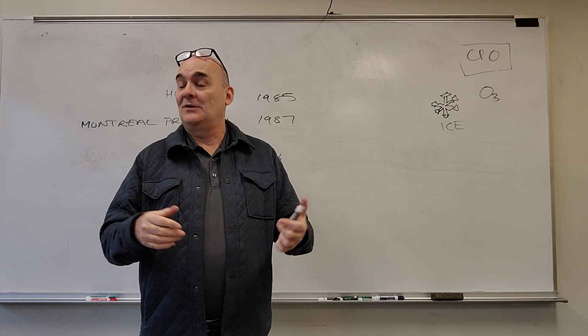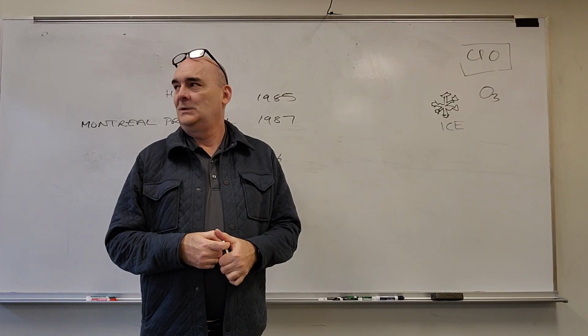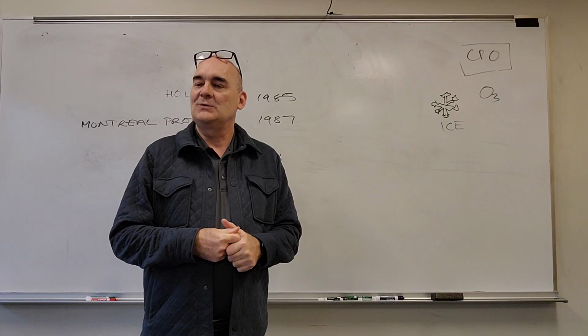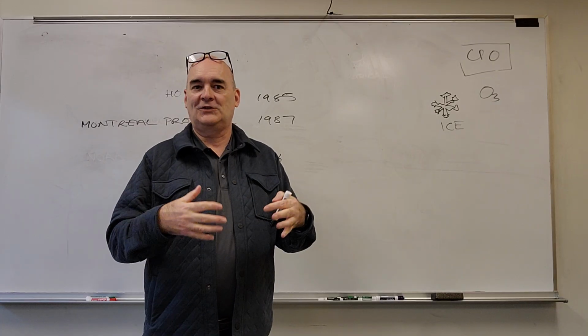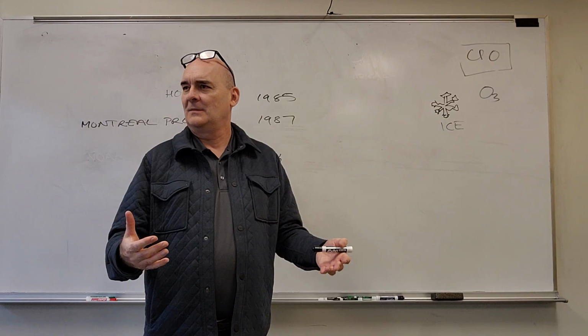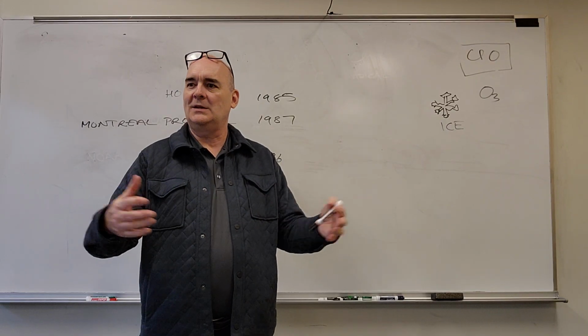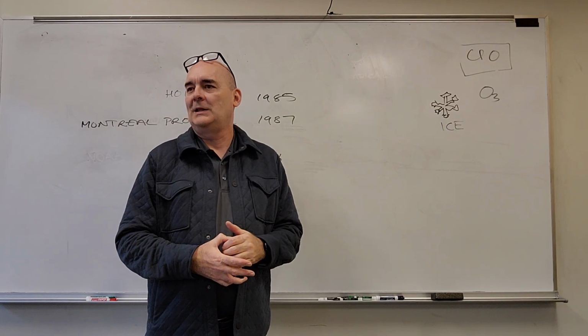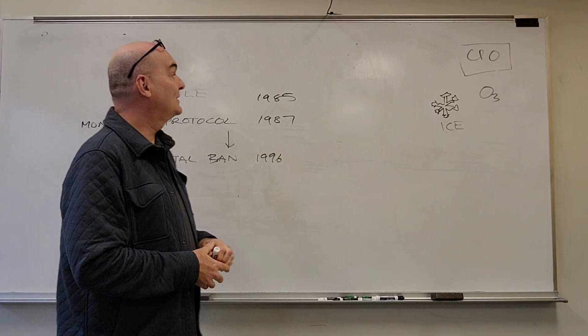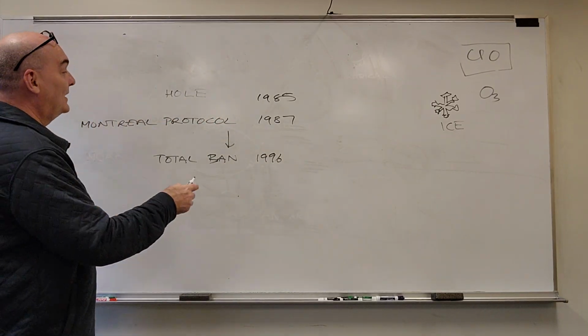So we banned production of them. We didn't ban use of them. We banned production. And what happens when you ban production is the stockpile of what you've already got, what are you going to do with it? You're probably going to use it until it runs out. And then when it runs out, then you have no option. But there's another set that came after this.